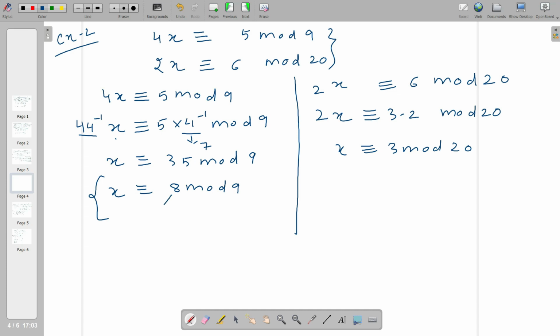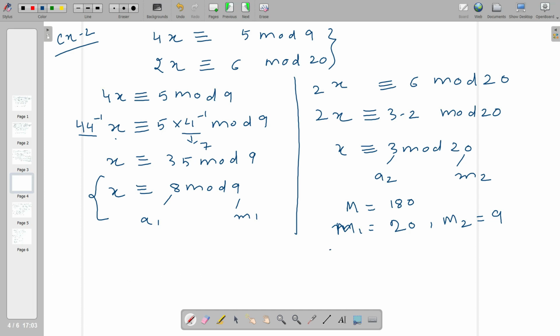Now we know that this is a1, this is m1, this is a2, this is m2, and the capital M is going to be m1 into m2, which is 180. Small m1 is going to be, capital M1 is going to be like m2, which is 20, and capital M2 is going to be m1, which is 9, and then we have to find out M1 inverse.